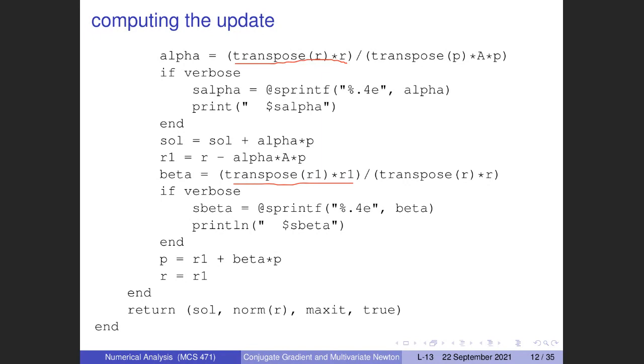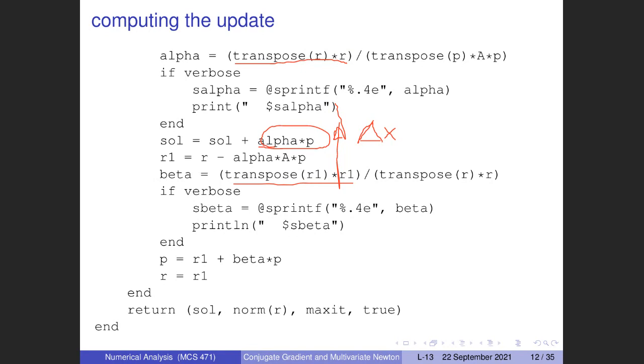I'm sorry, my internet was a bit unreliable, so let me redraw it again. The delta x is here the alpha times p. You can see this is a residual oriented algorithm.